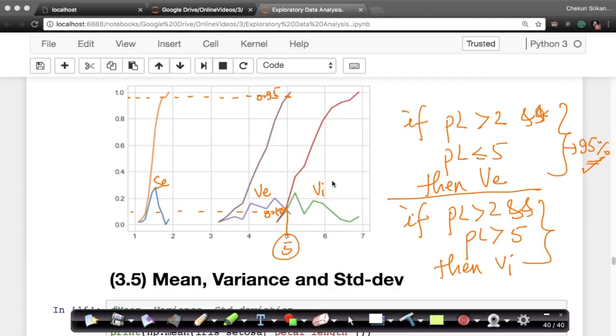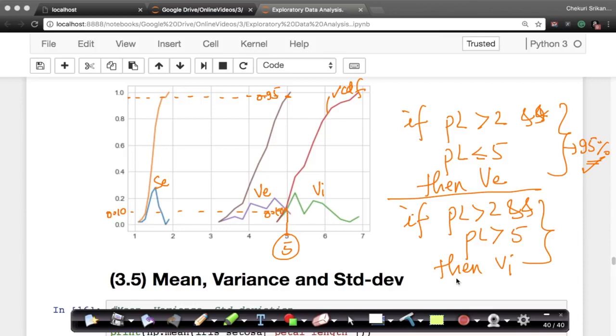Similarly, what about virginica? I'm saying if it is greater than 5, only then it's virginica. Less than 5, it's not virginica. But there are 10% of points like that. How did I know about 10%? I looked at the CDF of virginica, and that CDF at a value of 5 has a y-axis value of 0.10, which is 10%.